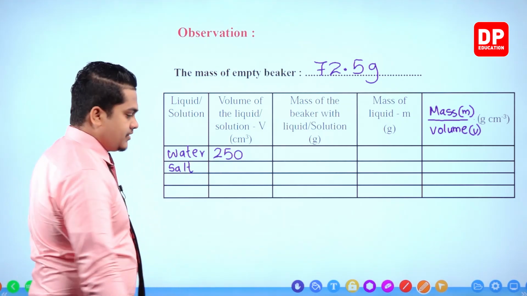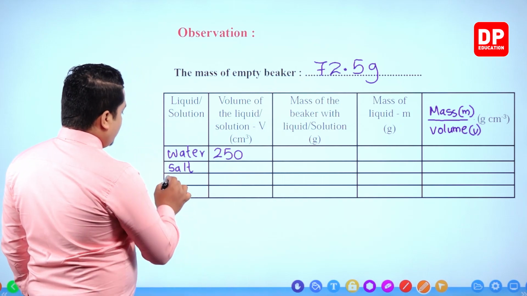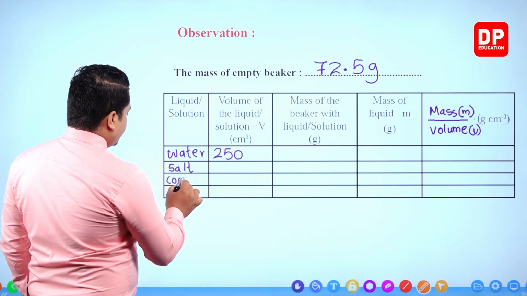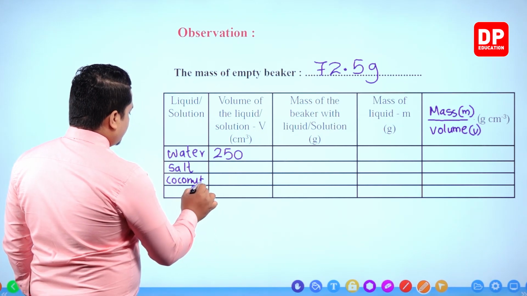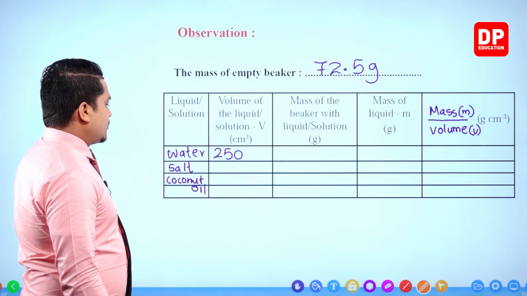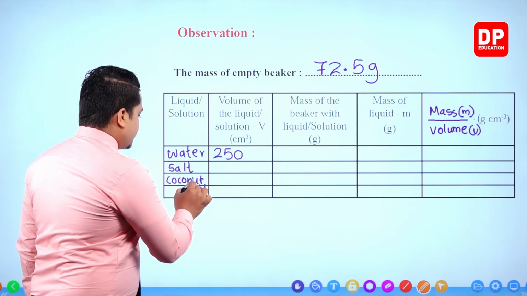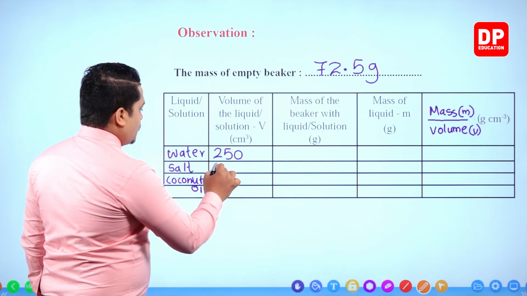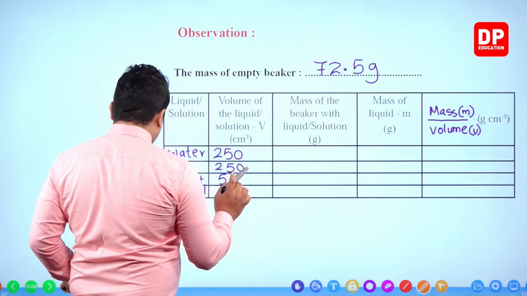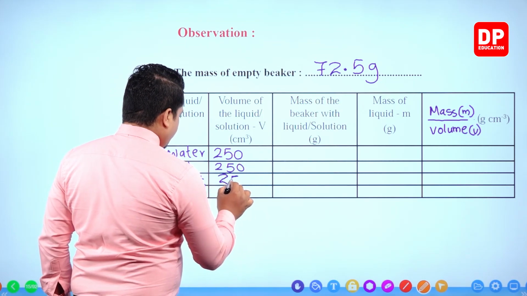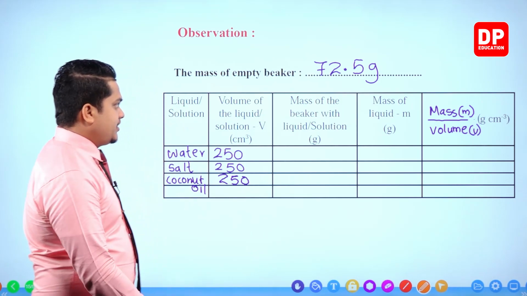Then the final one, coconut oil, was the third one. So 250 milliliters is the volume that we took in each instance.